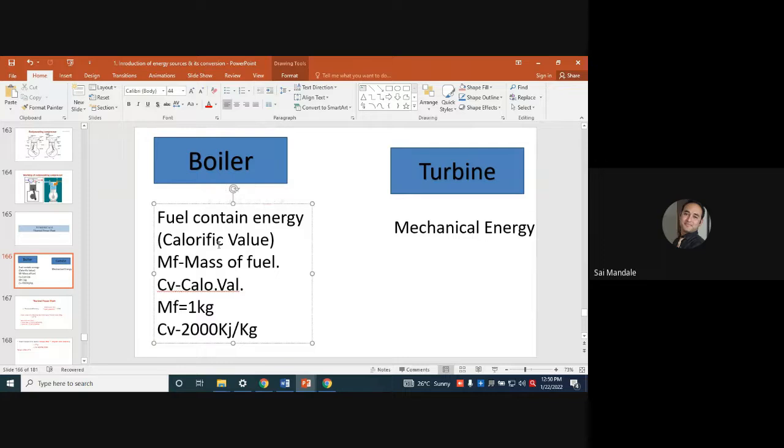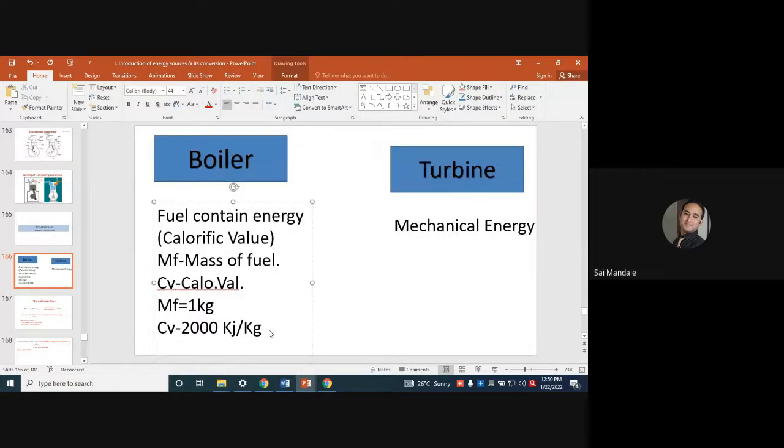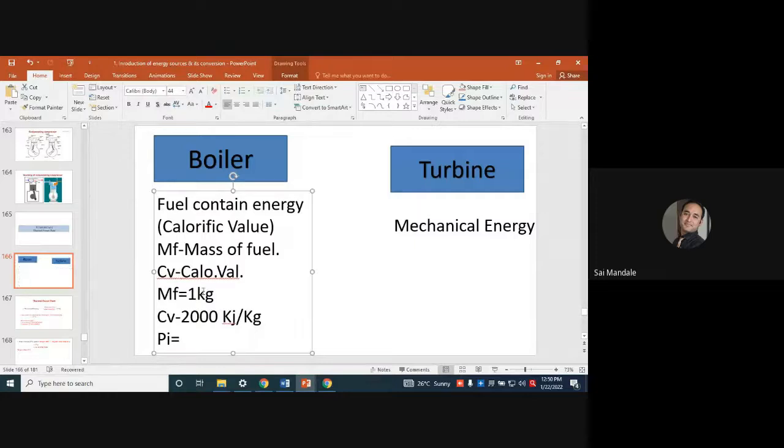Fuel has calorific value. If 1 kg of fuel is burned in a boiler with calorific value 2000 kilojoule per kg, how much energy is given by the combustion of fuel? It is nothing but MF into CV. Are you getting this?